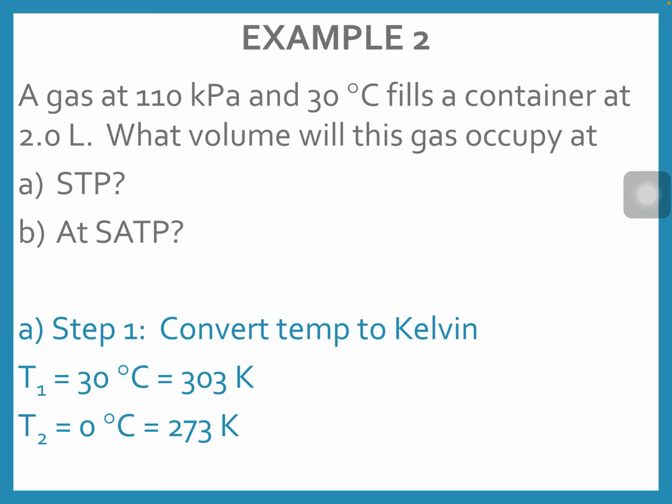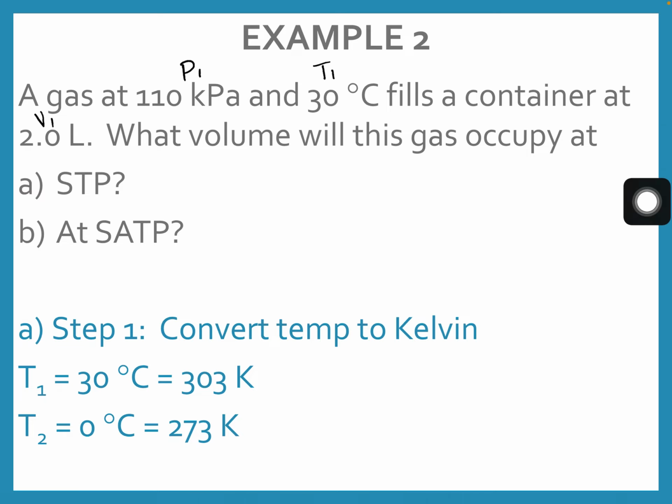And for part A, our final temperature is 0 degrees Celsius or 273 Kelvin. So I have my initial pressure, initial temperature, initial volume. Then I have my final temperature and my final pressure. So STP pressure is 101.3 kilopascals.